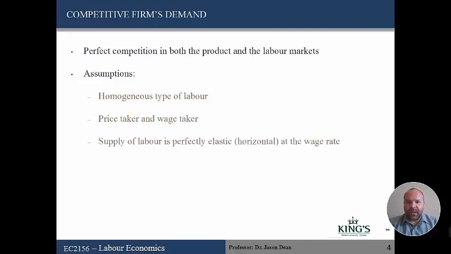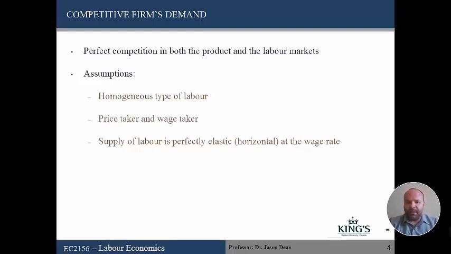We're going to assume that the supply of labor is perfectly elastic at the horizontal wage. So that's a result of our assumption of a perfectly competitive labor market. So the firm can't pay a wage lower than the equilibrium wage because no one would work for that firm.